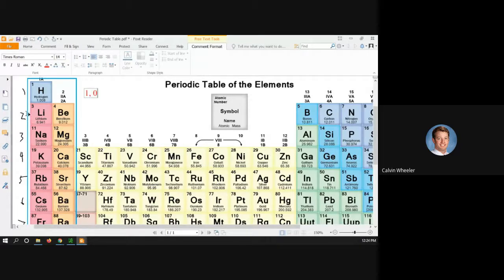For lithium and beryllium, again, we're talking about the outermost electron. All the other electrons have their own addresses, and these atoms have those electrons too, but we're only talking about the outermost electron, the highest energy electron. So the second energy level has an n equals 2, and we're in the S block, so the shape is 0, sphere.